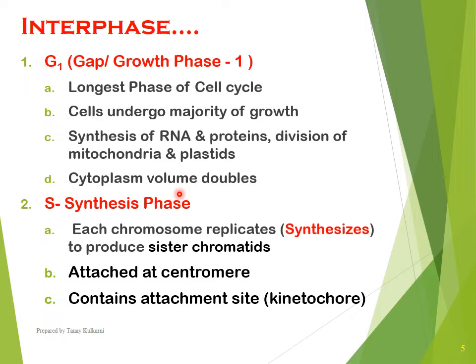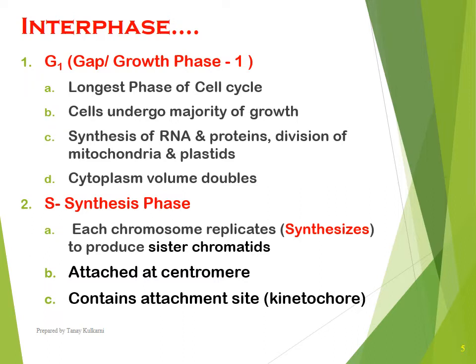Now in S phase, more DNA is synthesized, and chromosomes duplicate, but they remain attached at the centromere. Correct? And the centromere also provides the attachment site of kinetochore. This word is new to you. Correct? So kinetochore is a type of spindle fiber.